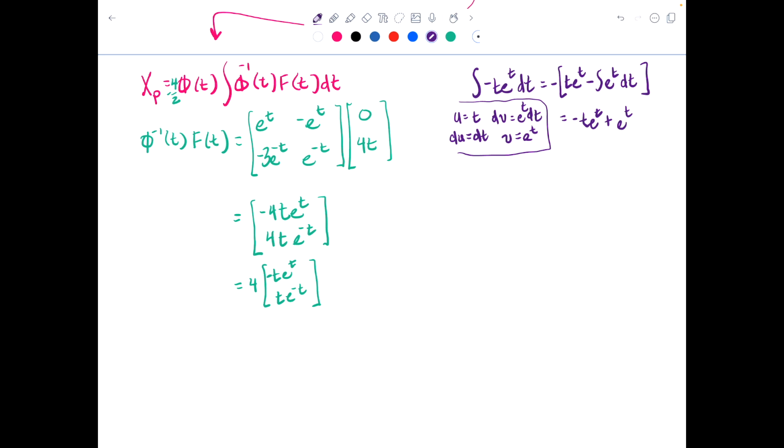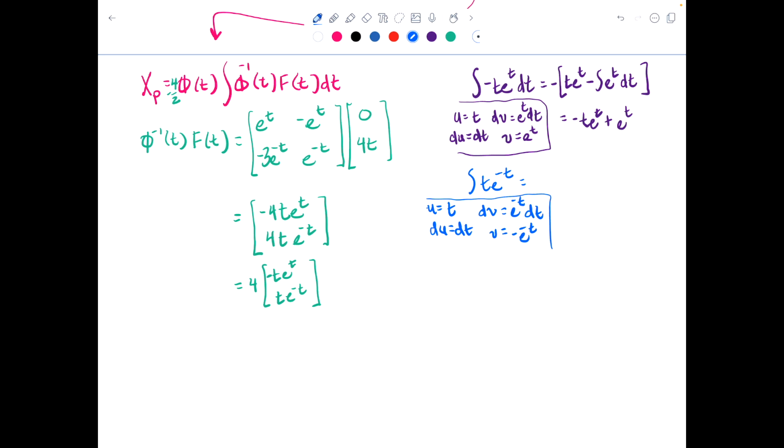Good so far? All right, so now we need also the other integral, right? So we're going to need the integral of t e to the negative t. So if I have u equal to t, du equals dt, and then dv would be equal to e to the negative t dt, and v would be negative e to the negative t.